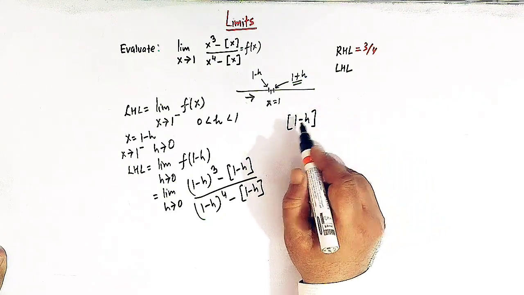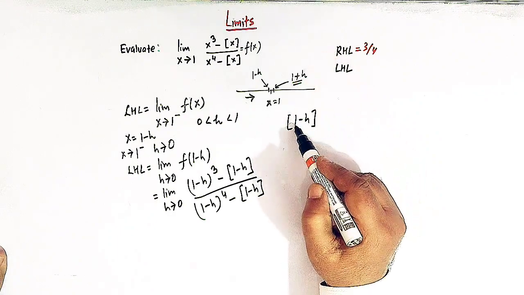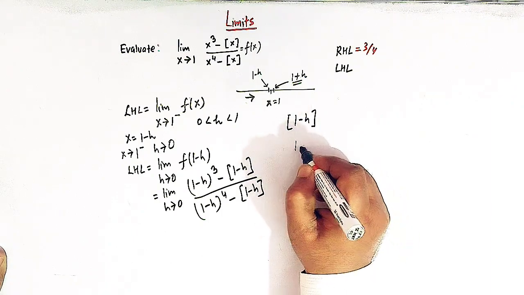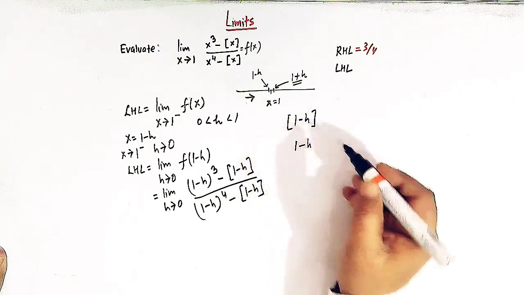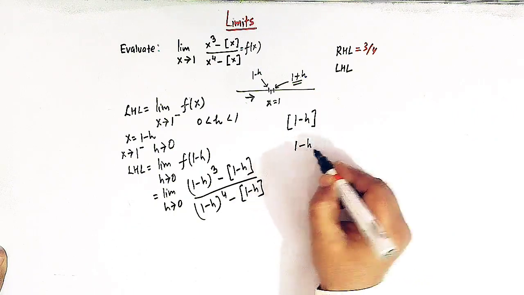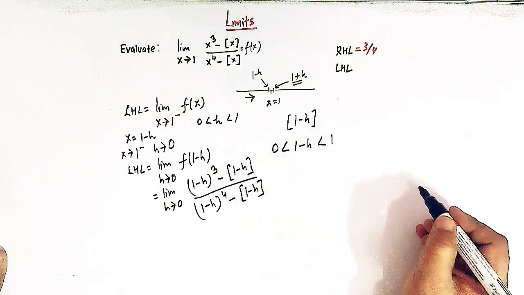Now see, when we calculated the right hand limit, we had 1 plus h. Here we have 1 minus h. So it means when we subtract h from 1, then this expression 1 minus h is slightly less than 1, but it is greater than 0, right?